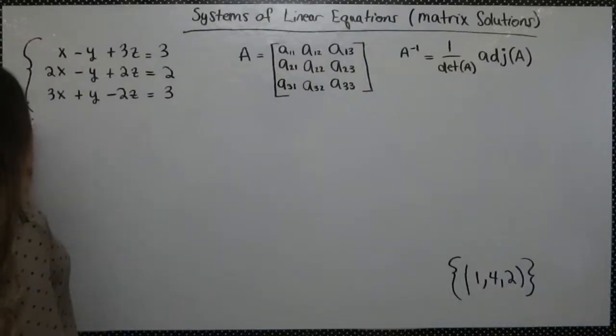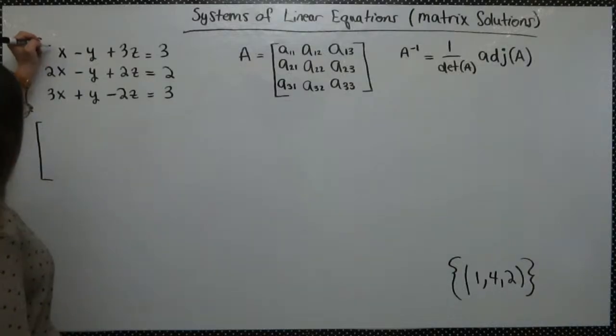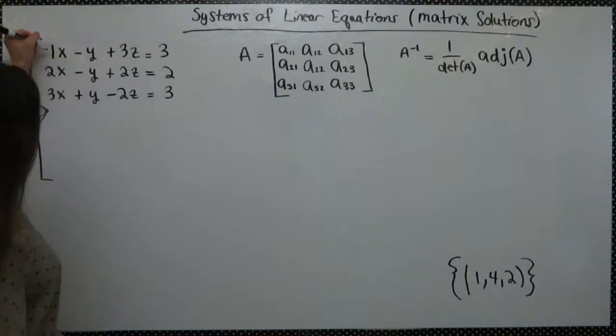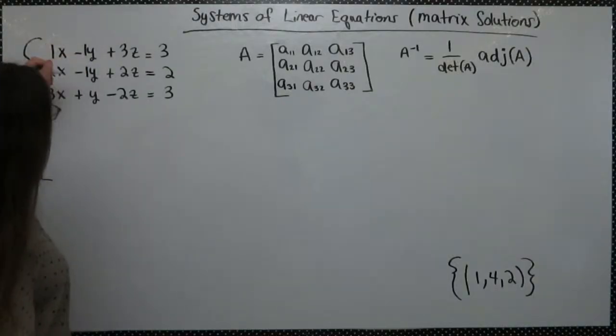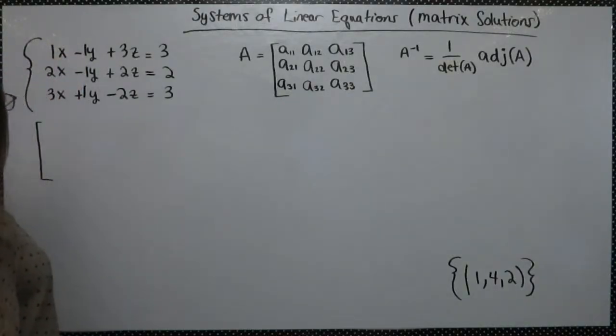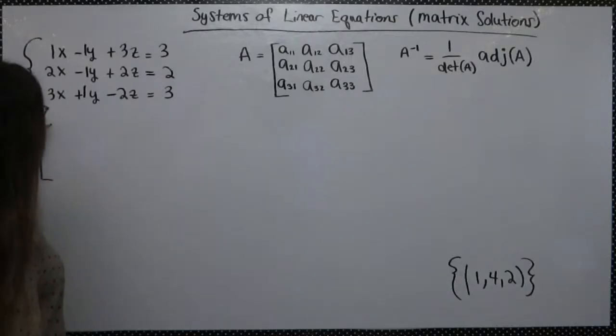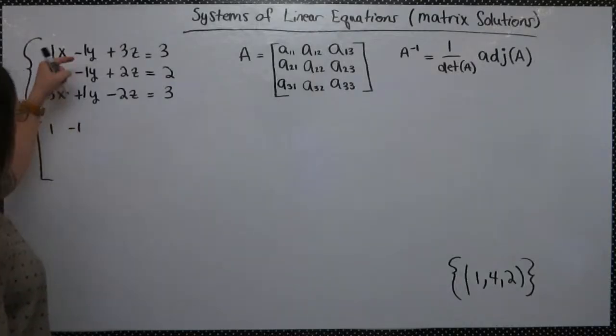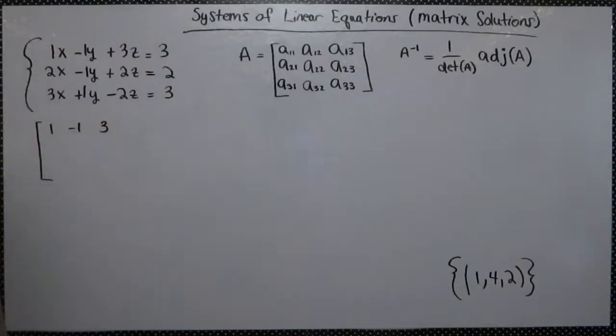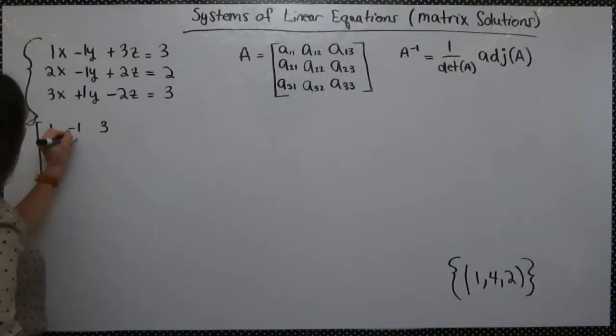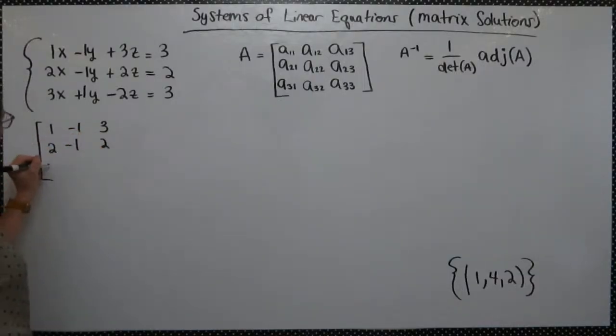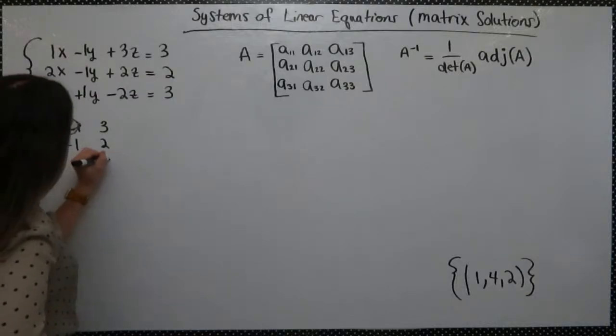Remember, if it's just x alone, there's a hidden 1. So we've got a 1 there, a 1 here, a 1 here, a 1 here. We can put those in so it makes more sense. It's 1, -1. The sign goes with it. It's just the coefficients of your variables.